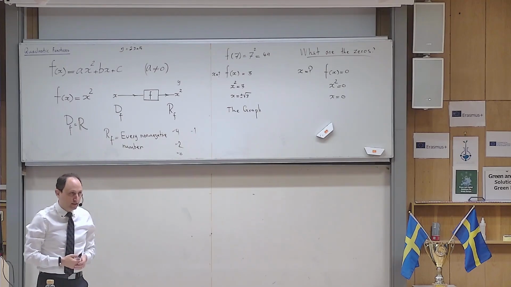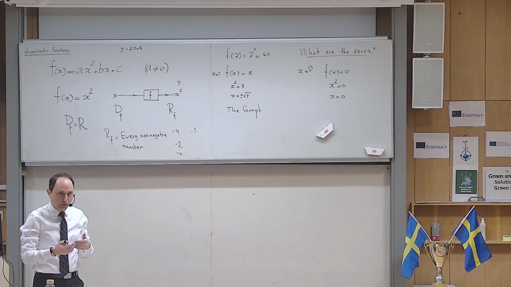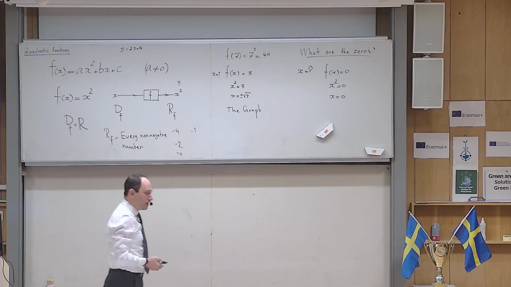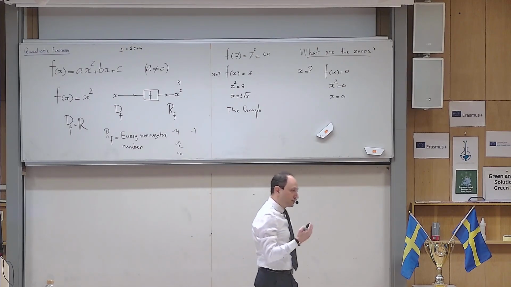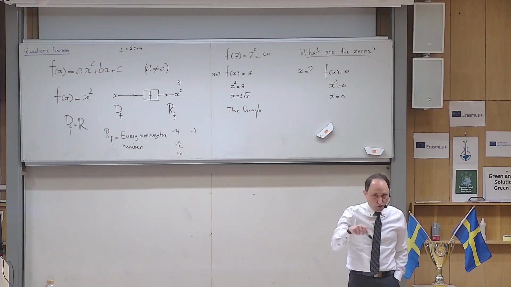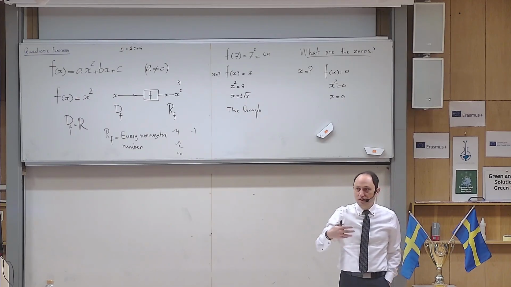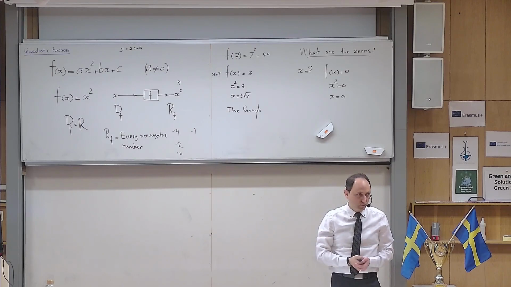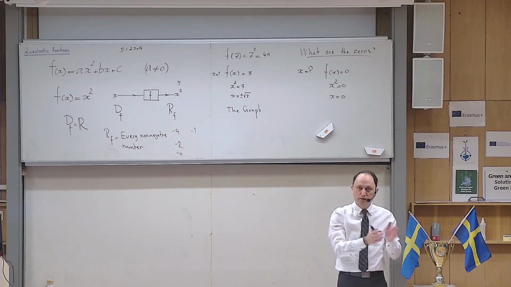Is that clear? So practically, if you want to do it like this, it is not logically possible. That is why we need more mathematics to guarantee that what we draw by hand captures all the important features of the graph, which you don't need to bother about. We will study that next year.